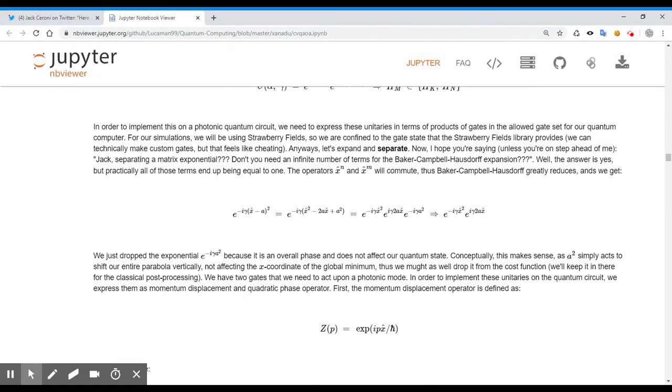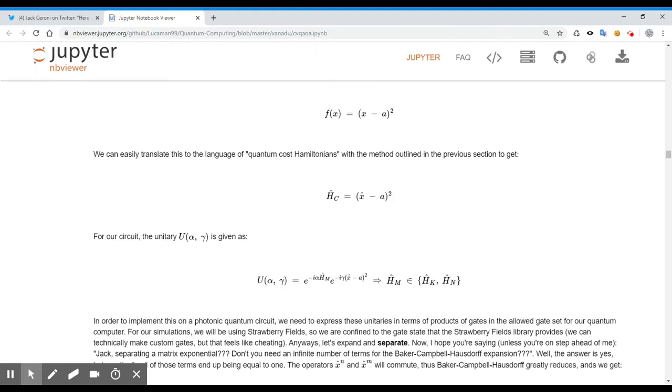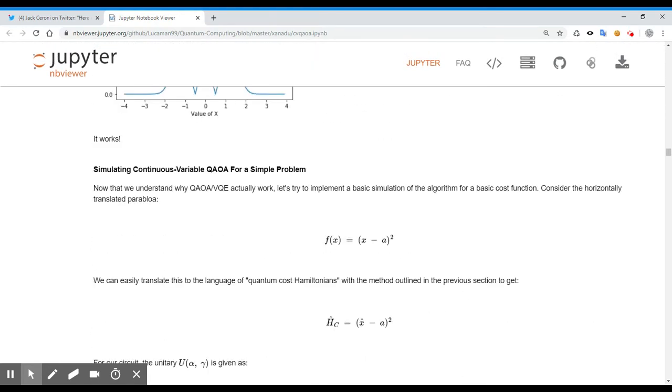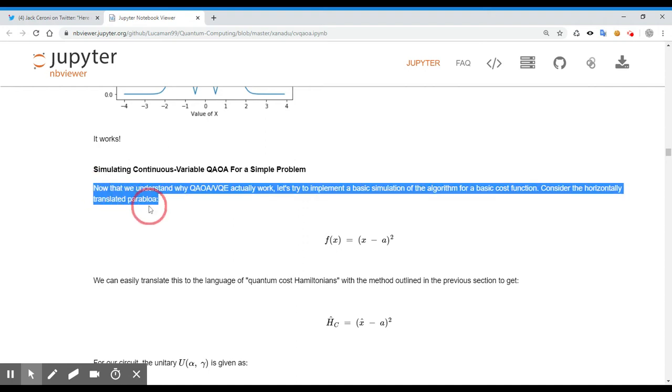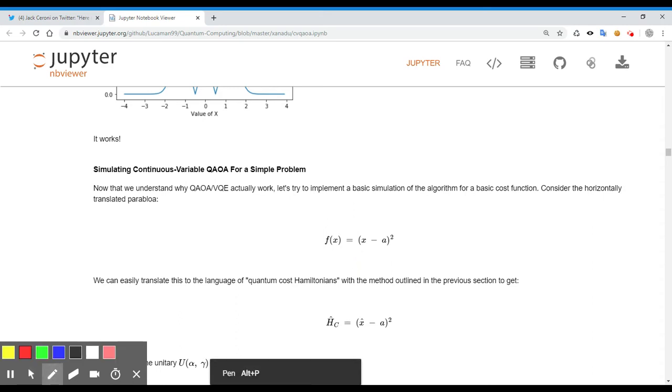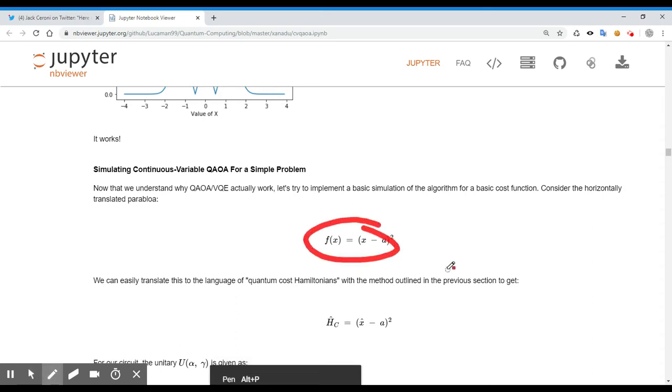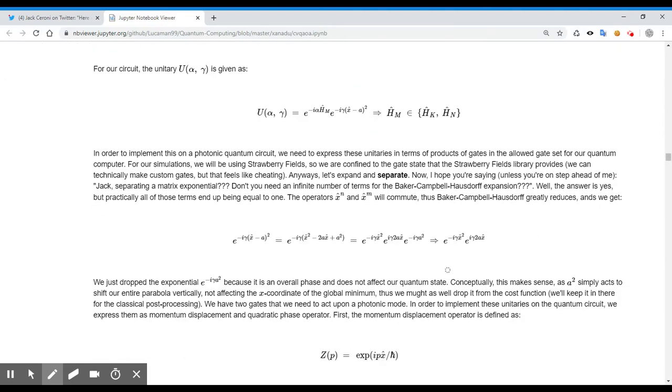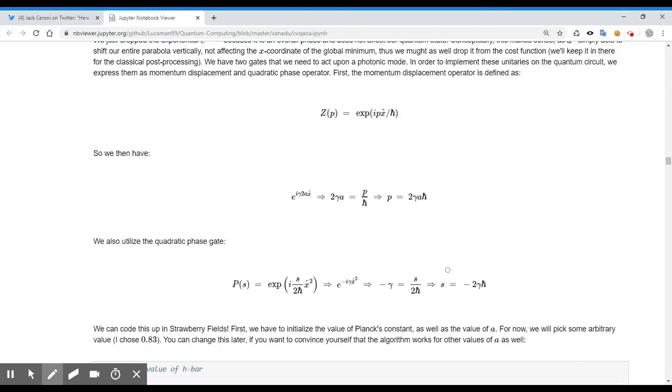Oh, wait a second. Simulating continuous variable QAOA for a simple problem. Okay, so that's the actual function of Jack's blog post. That might be embedded in here, which is cool. Maybe rewritten, maybe.